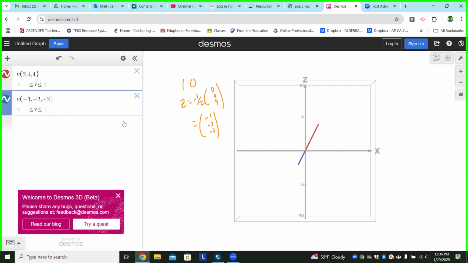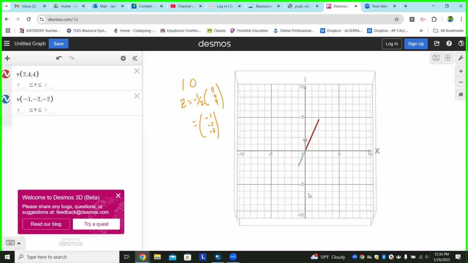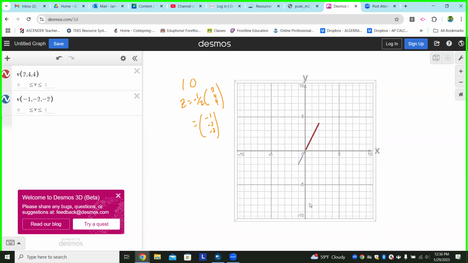Notice now it went below the xy plane and is now reflected over the origin. But also notice it's about half the original size. And you can see two-dimensionally as well that the blue is still about half the size, still reflected over the origin.